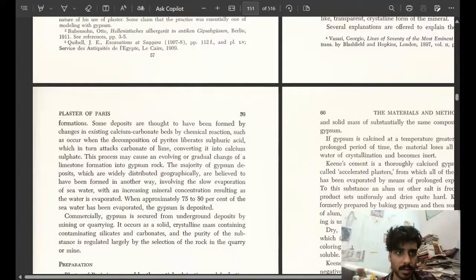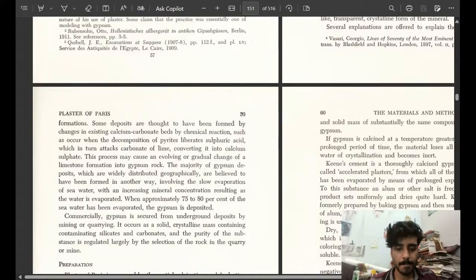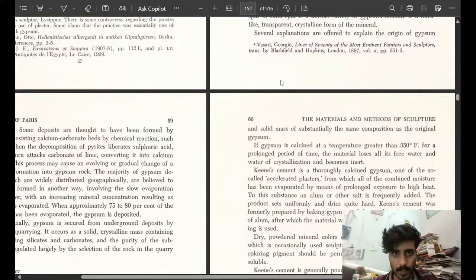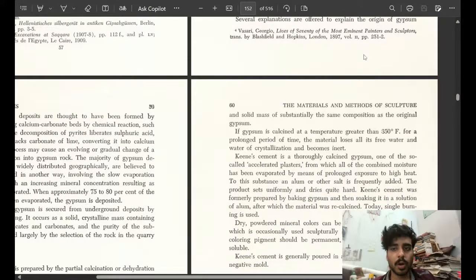Selenite is a mica-like transparent crystalline form of mineral. Several explanations are offered to explain the origin of gypsum formation.